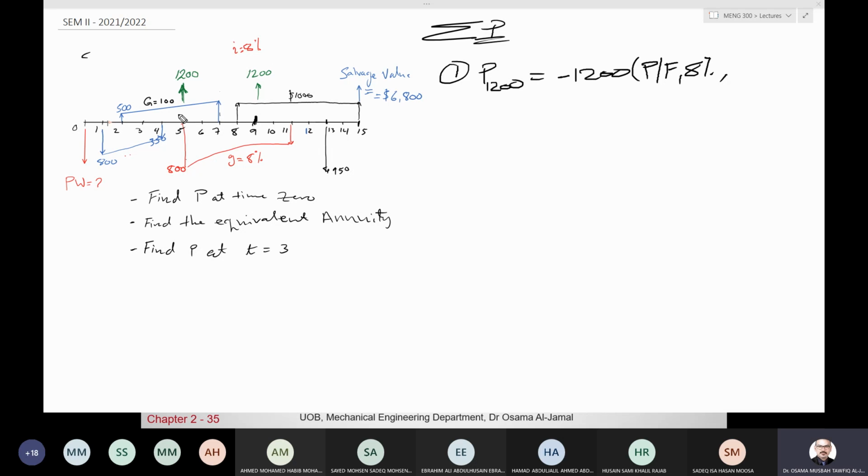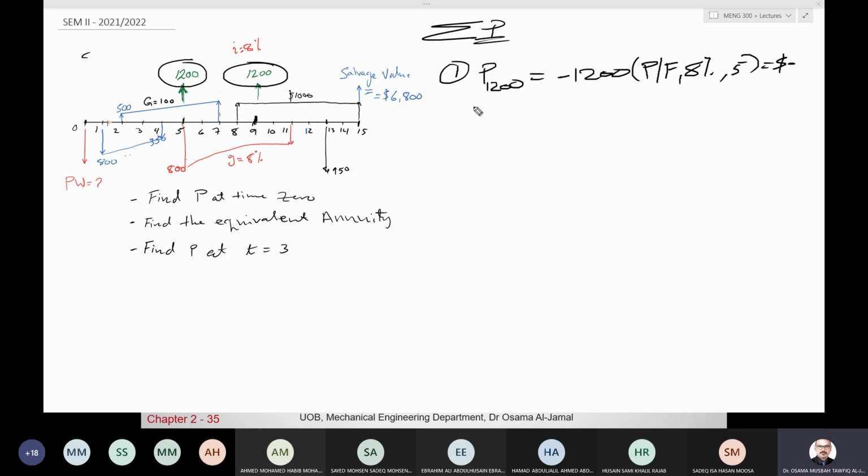Number of years: we're at year 5, want to move it to year 0, sorry. So this is over 5 years. Find the answer for that. It has to be negative.